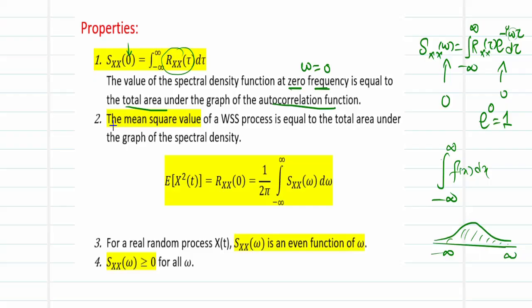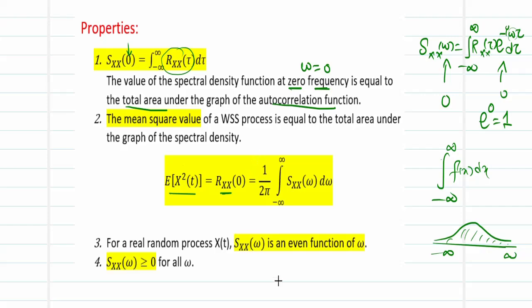The second property is the mean square value. How do we denote the mean square value? By the expected value of x square of t, and this expected value of x square of t is nothing but our Rxx of 0. This we have seen in the properties of the autocorrelation function.